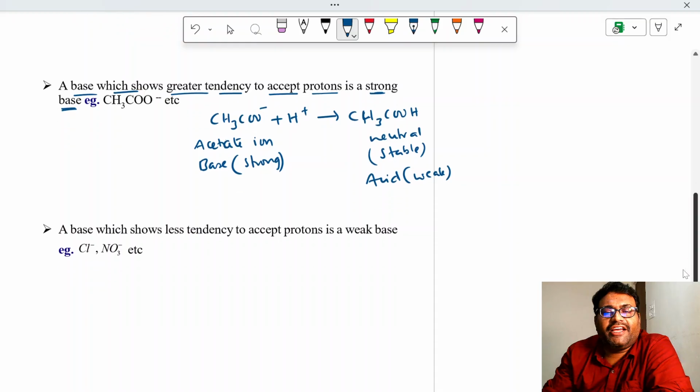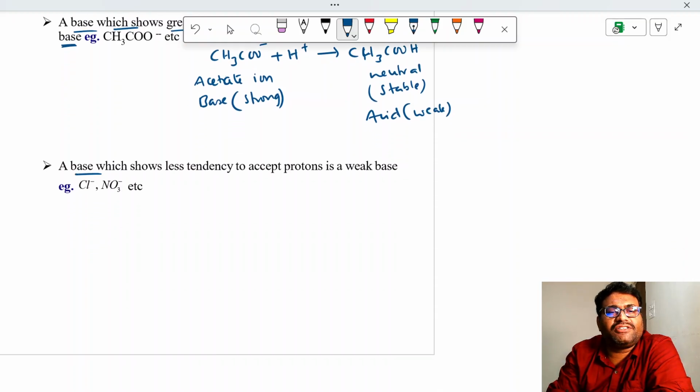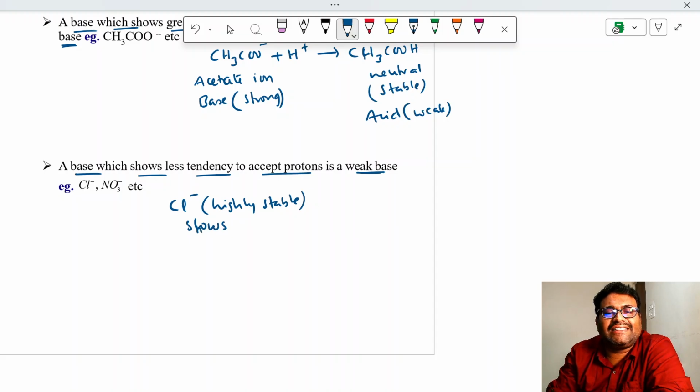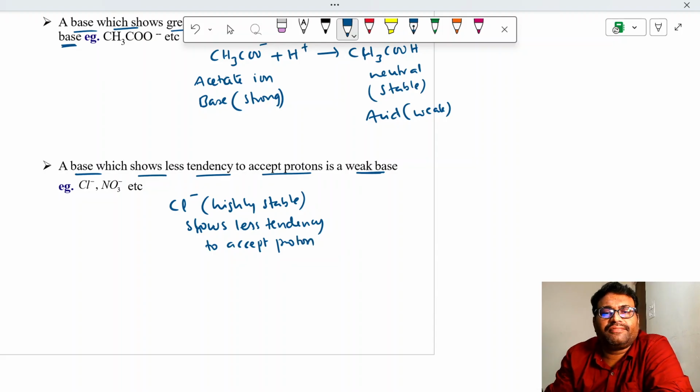In the same way, here also you can see, a base which shows less tendency to accept protons is a weak base. Chloride is highly stable, shows less tendency to accept a proton.